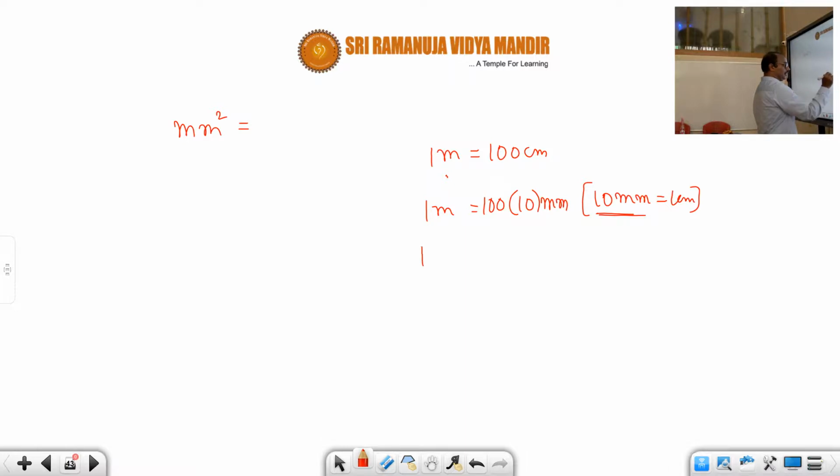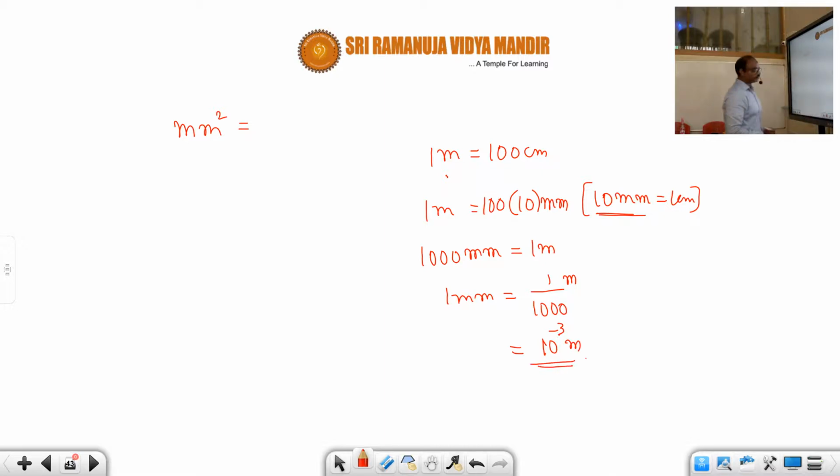So that indicates 1000 millimeter equals 1 meter. Then 1 millimeter equals 1 divided by 1000 meters, which can be written as 10 to the power minus 3 meter. Understood?